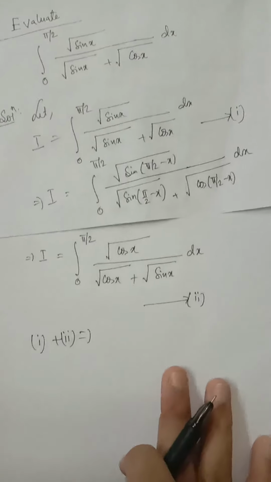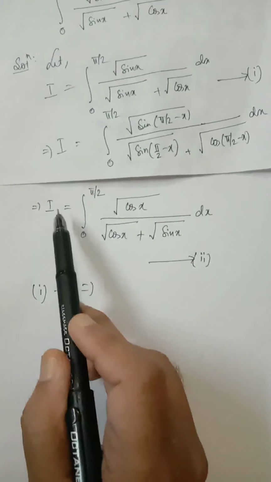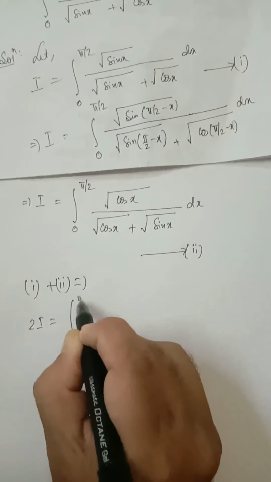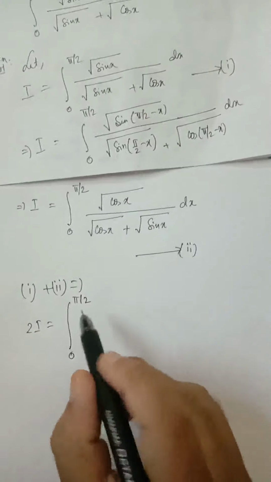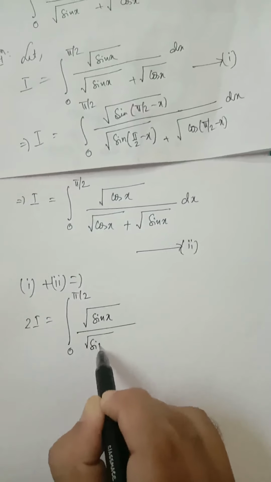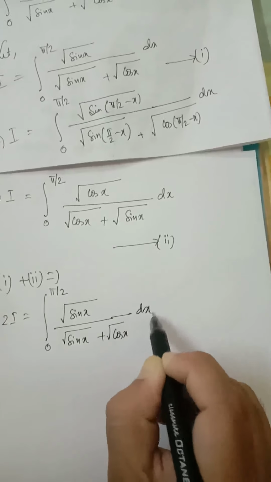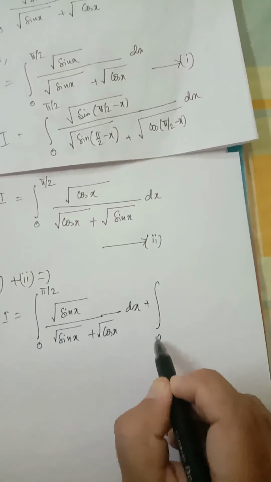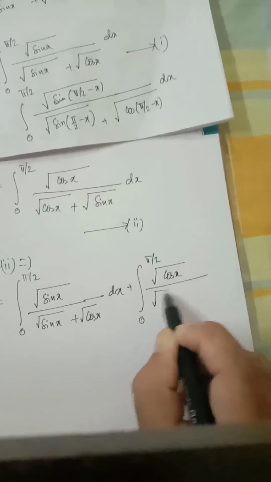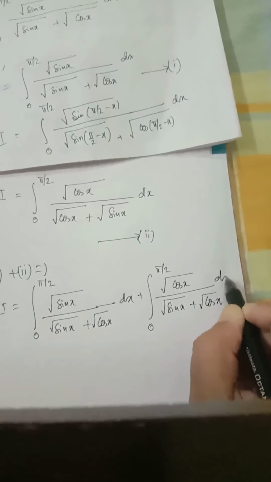Now if we add 1 and 2, the left hand side will be I plus I, so twice I, equal to the integral from 0 to pi by 2 of root over sin x by root over sin x plus root over cos x dx, plus the integral from 0 to pi by 2 of root over cos x by root over sin x plus root over cos x dx.